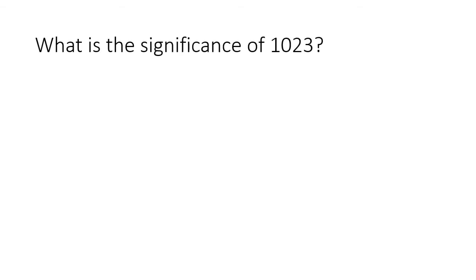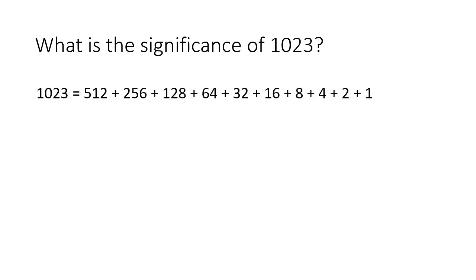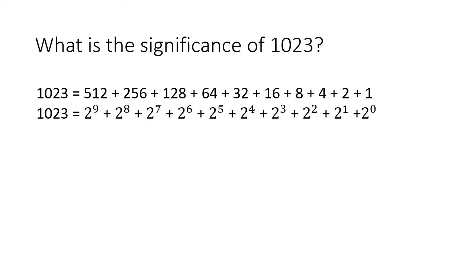So let's go back to this question. What is the significance of 1023? Well, 1023 can be represented as a sum of numbers, all of which are powers of 2. And in fact, you see 512 is the first term, that's 2 to the 9th. And every term that's a power of 2 is included in the sum all the way down to 2 to the 0 power.